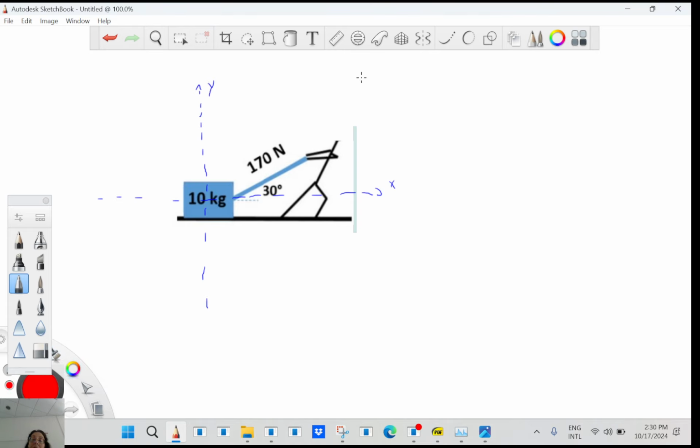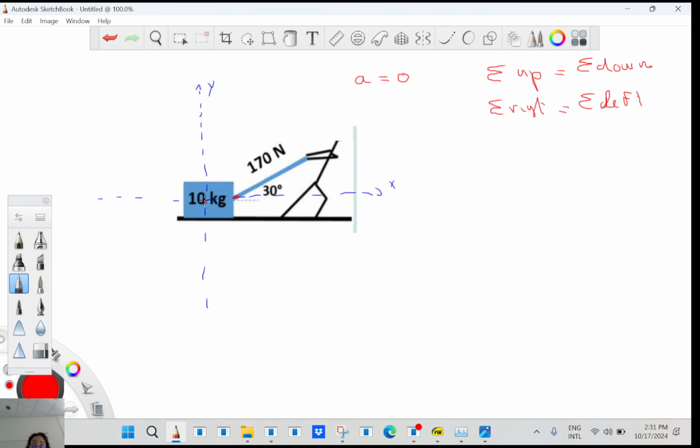And if it's moving at a constant velocity, that means the acceleration is 0, which means that everything up in magnitude has to equal everything down in magnitude, and we are only talking about components, and everything to the right equals everything to the left, sorry. See, I'm tired. 2 p.m., I'm tired. So what are the forces acting on the system?